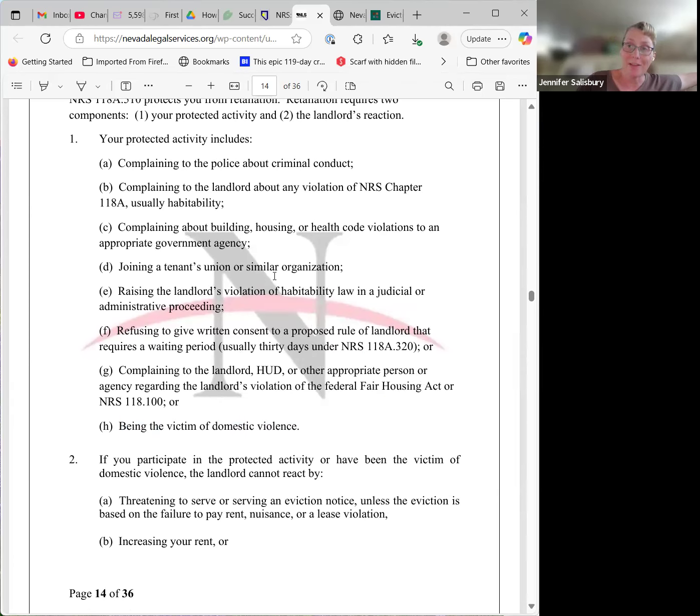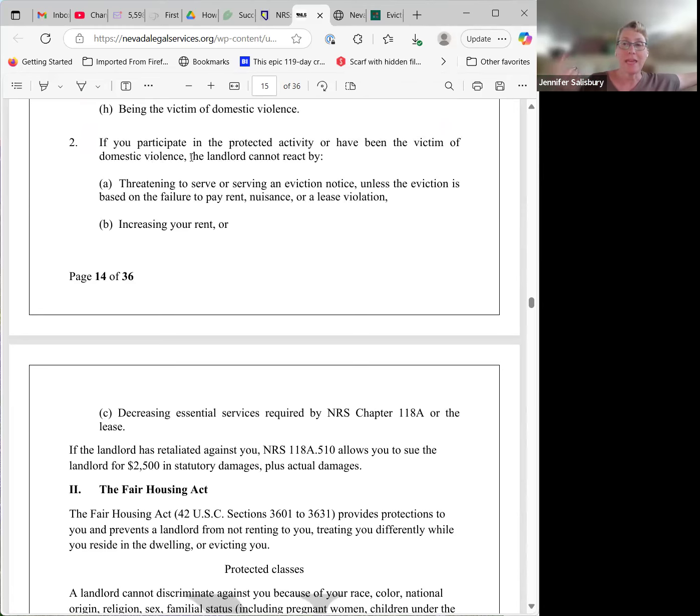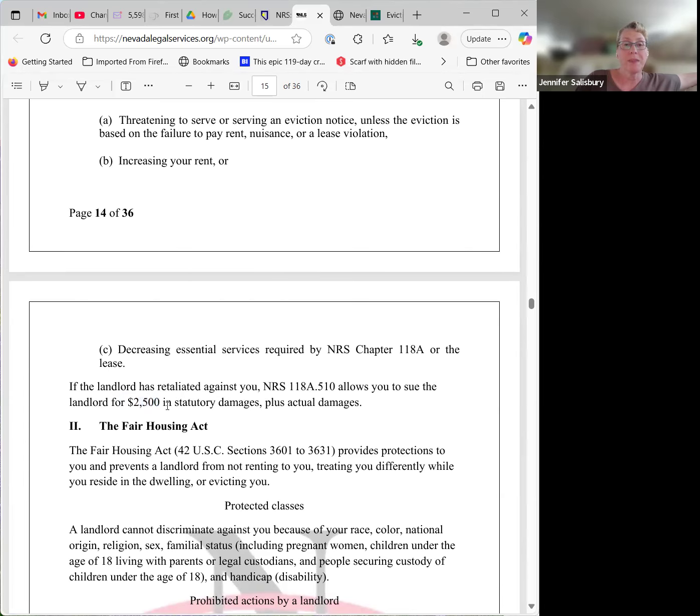Male or female. If you participate in a protected activity or have been the victim of domestic violence, the landlord cannot react by these items. Basically, the landlord can't try to get you out, they can't increase your rent, and they can't deny or decrease your essential services. Otherwise, you can sue the landlord for $2,500 in statutory damages plus the actual damages. It's not just 2,500.